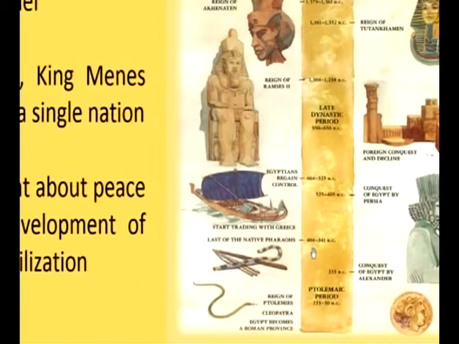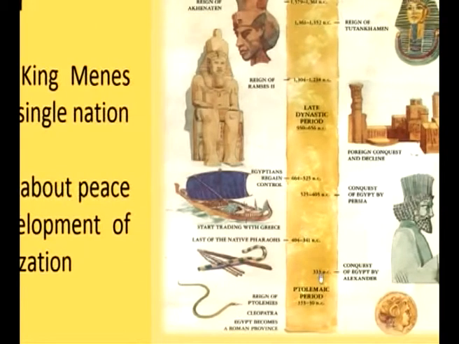At the end of 404 to 341 BC, the last native Pharaoh, who was the king of Egypt, declined, and in 333 BC, Egypt was conquered by Alexander the Great, and from 333 to 30 BC, it was conquered by Greek and Roman emperors.